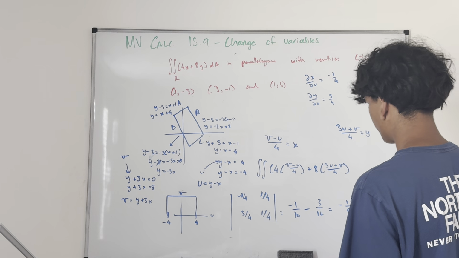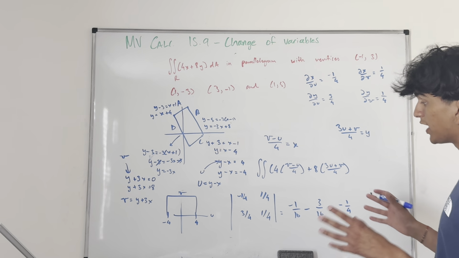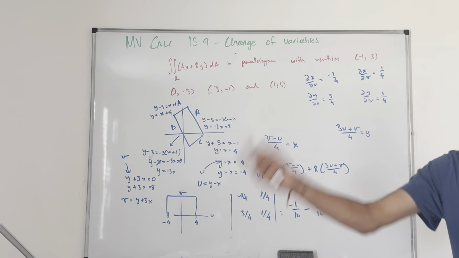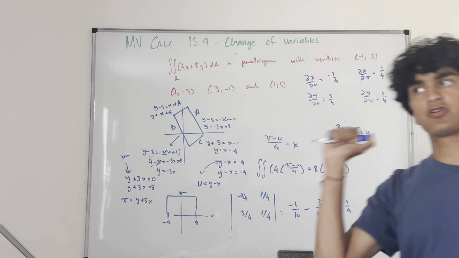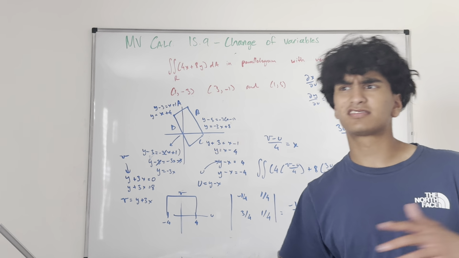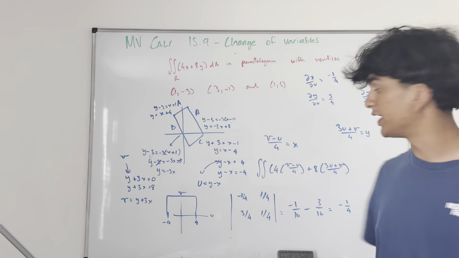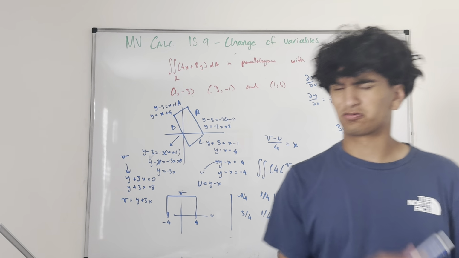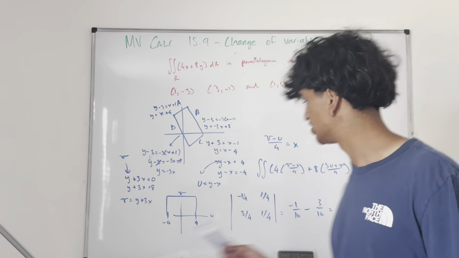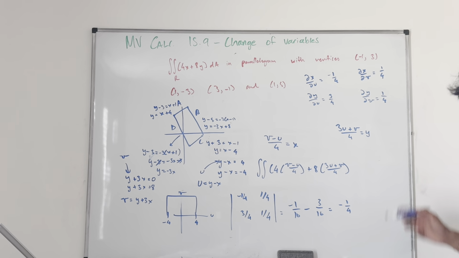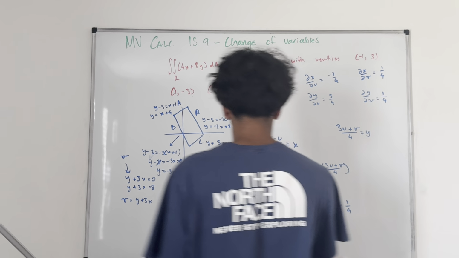Because I get negative 4/16, which is negative 1/4. But the multiplier is an absolute value. I don't know why. I think it's because maybe the area is 1/4 as much, but it's a negative, so I don't really know how that works, but it's just the absolute value. So we're gonna have a 1/4.